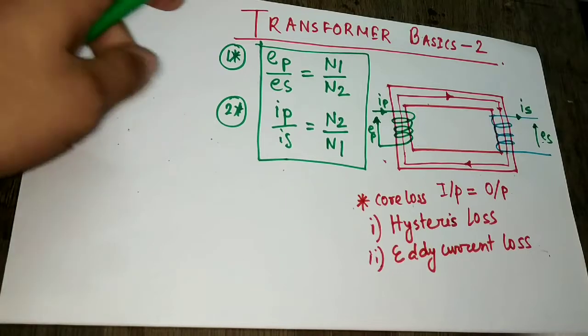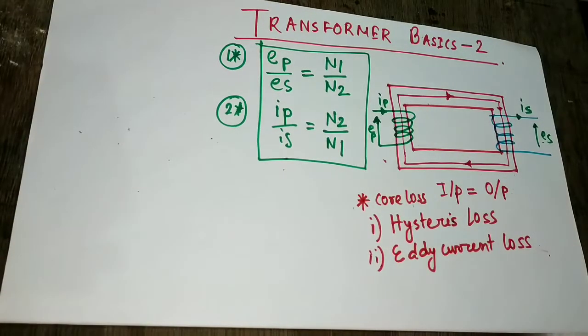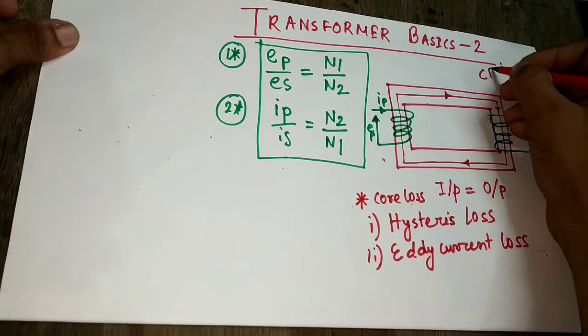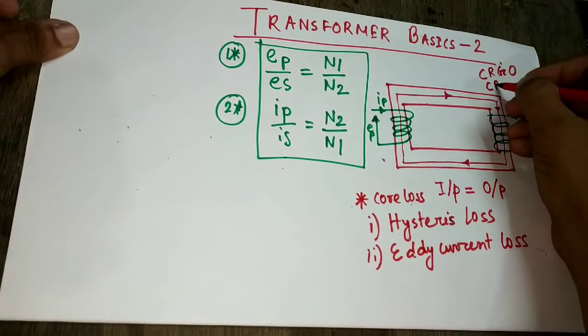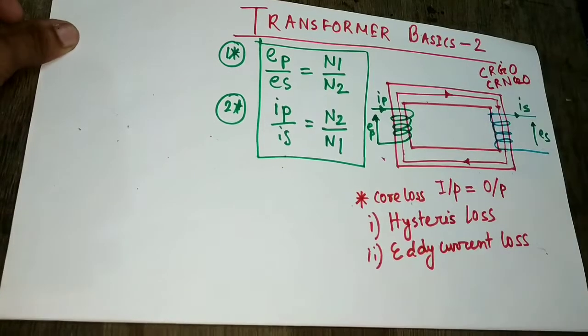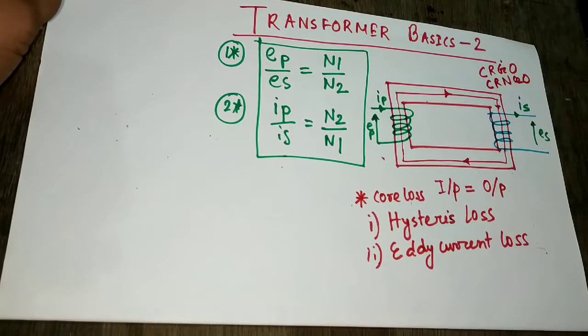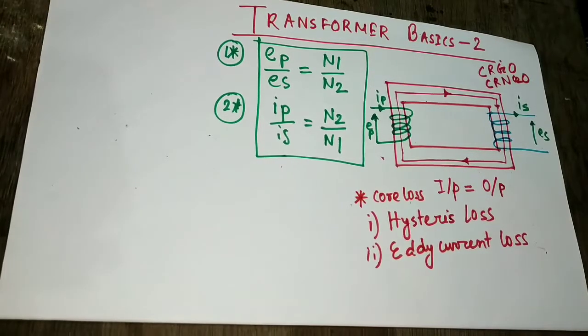So the core is made of materials like ferrites, CRGO and CRNGO. These materials have good magnetic property, but their conducting property is low.